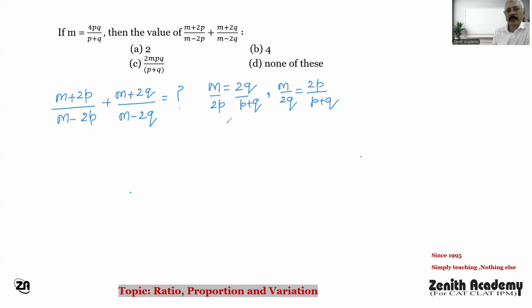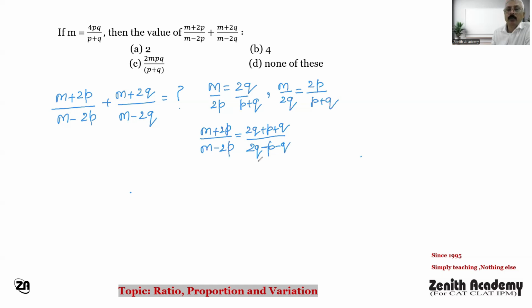So this you can write m plus 2p upon m minus 2p is 2q p plus q upon 2q minus p minus q.